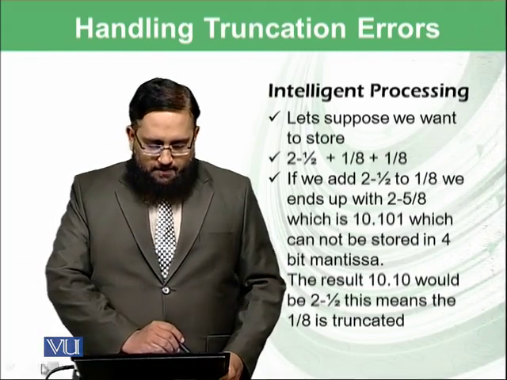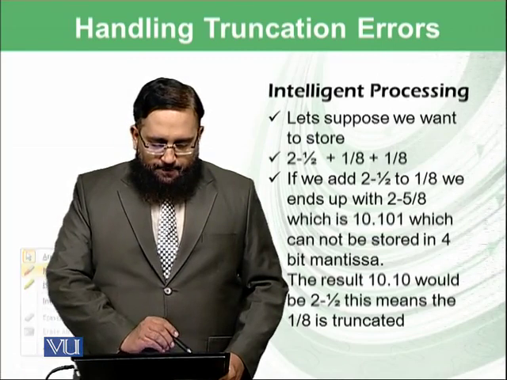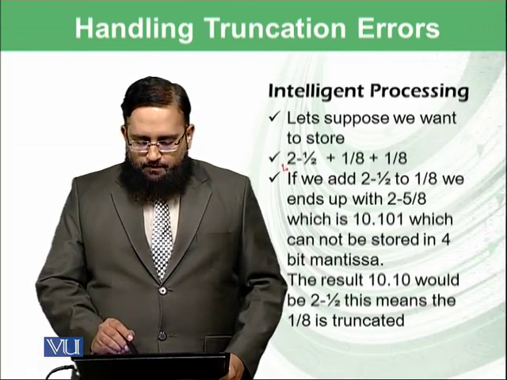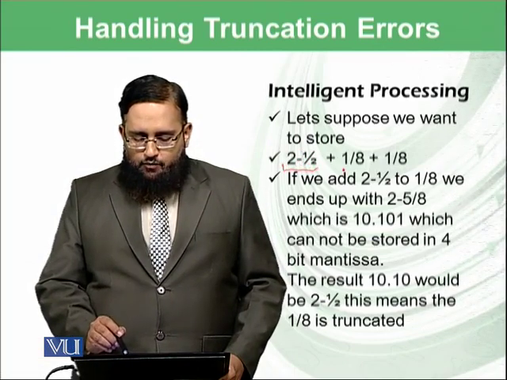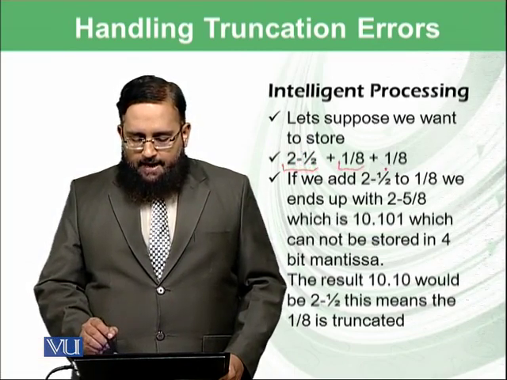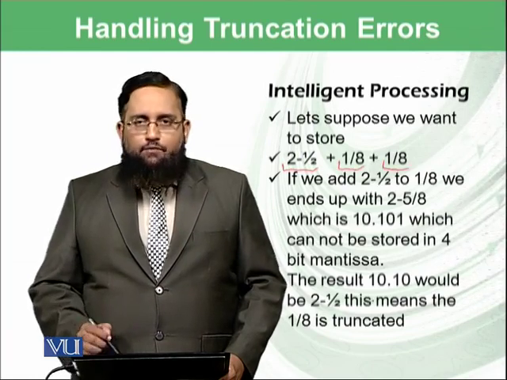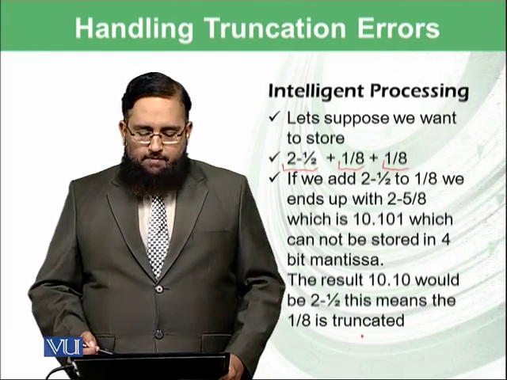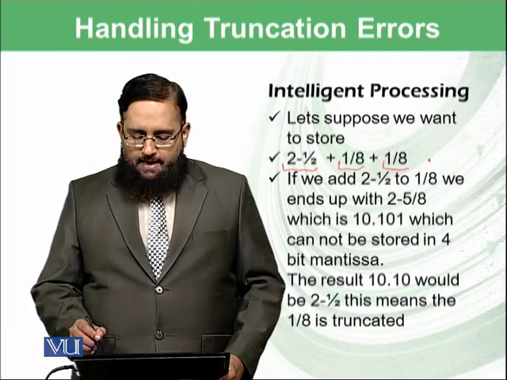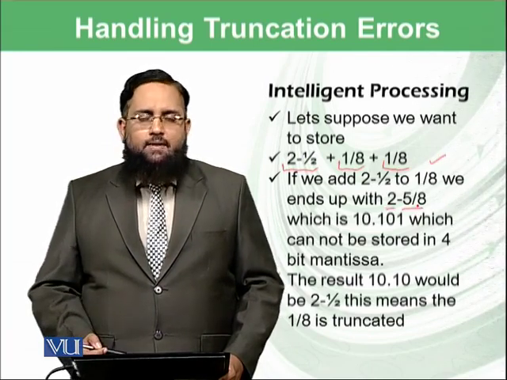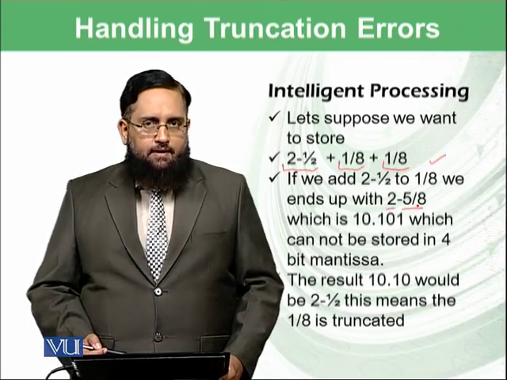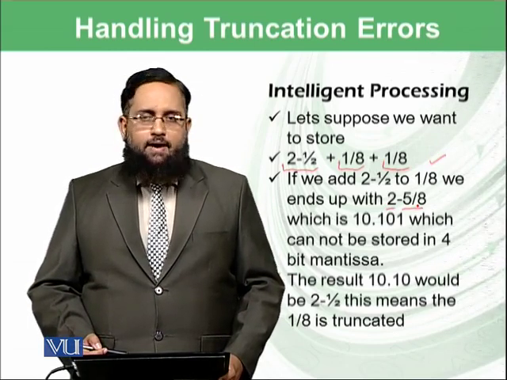For example, we want to add 2 whole 1 by 2, then 1 by 8, and then 1 by 8. If we add 2 whole 1 by 2 and 1 by 8, it forms 2 whole 5 by 8. And we have learned in the previous example that we cannot store 2 whole 5 by 8.